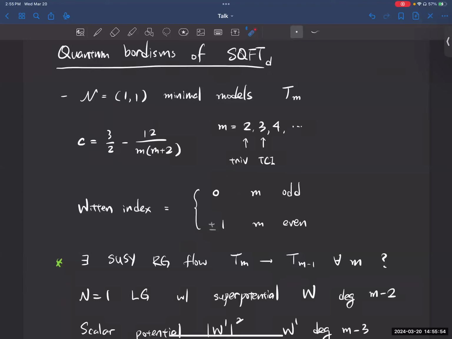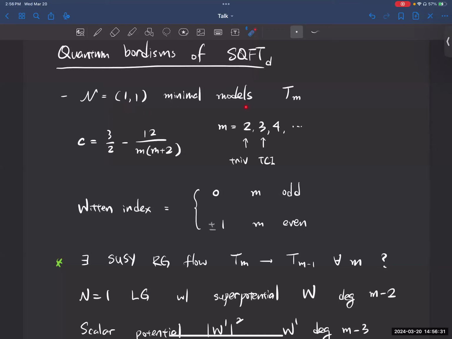Let me give an example of some deformation that isn't really geometric, in the sense that I'm not going to formulate it in terms of some sigma model and describe this deformation geometrically. Let's think about one of the simplest families of supersymmetric conformal field theories, the N=1 minimal models. To distinguish (1,1) from (0,1), I explicitly wrote out (1,1), but that's not too important.